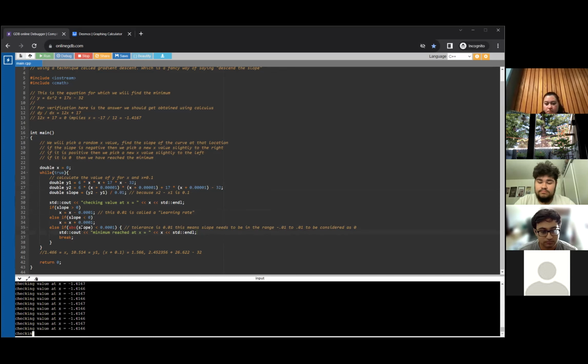So if the absolute value, taking x, so yeah, the slope. A little less.